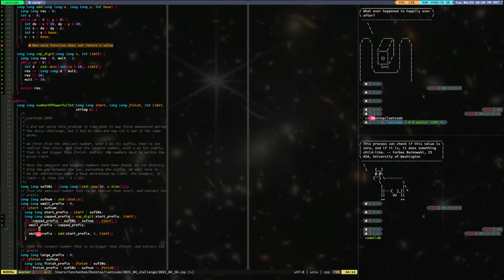And also there's a possibility that without capping, it's still smaller. Then what? Well, then it's the same thing, right? Okay, this is the same thing.